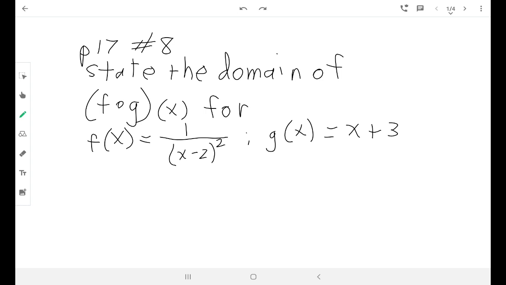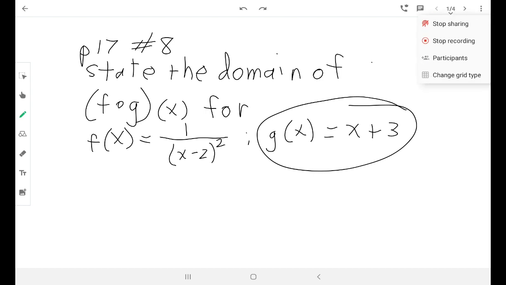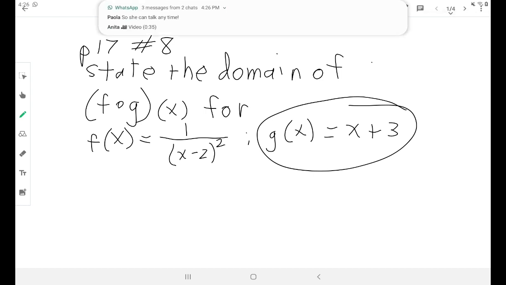So in the domain, the way we're going to tackle this, and I have my F here, I have my G here, the way that we are going to handle this is that we are going to look at what the composition means.